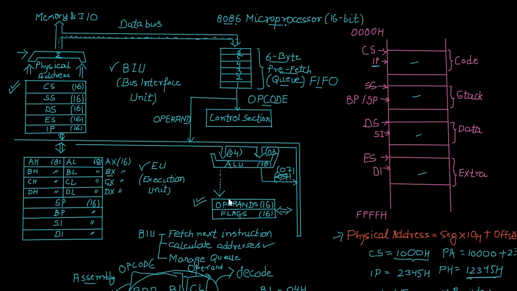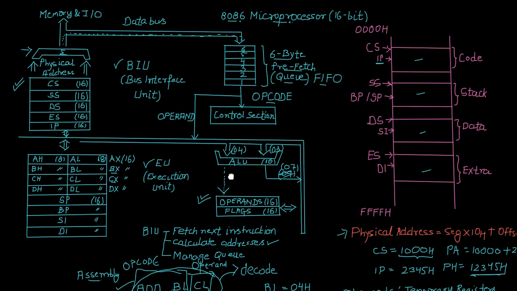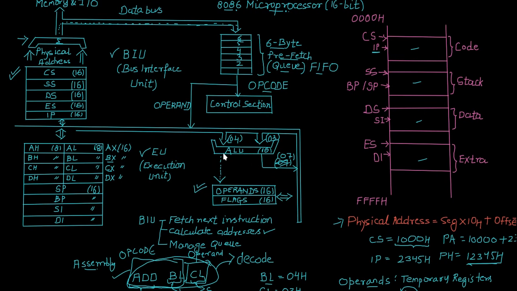After decoding it, you will pass it to the execution unit, which will just perform the arithmetic operations, and it will make use of the flags and the operands. It will also pass the result to this line, which will be able to store some data in these registers.